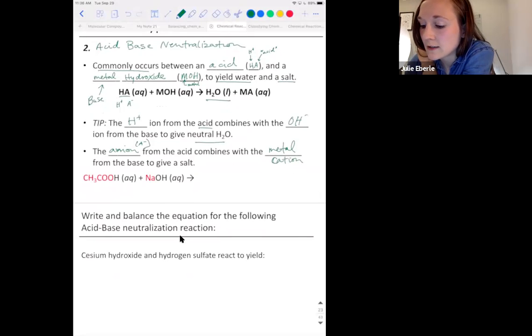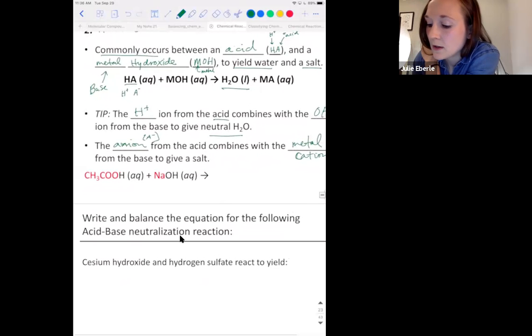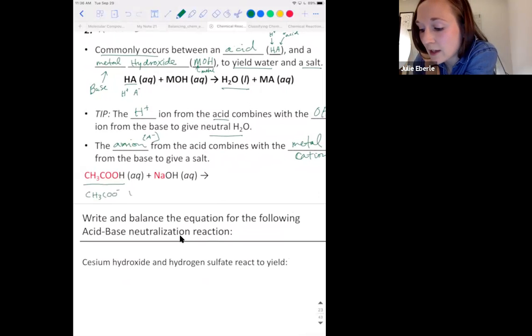So let's look at an example right here. Now, I will tell you, acids kind of break a few rules when you come to writing ionic compounds. I want to look at this thing right here, CH3COO. That part's in red, and then you have an H in black. This is an ionic compound. This is acetic acid, but we have CH3COO minus, and then we have H+.